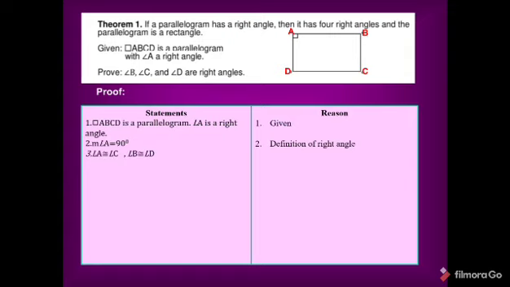So therefore, angle A is congruent to angle C, and angle B is congruent to angle D. What is the reason? Yes, you are right. In a parallelogram, opposite angles are congruent. So please take note of this.